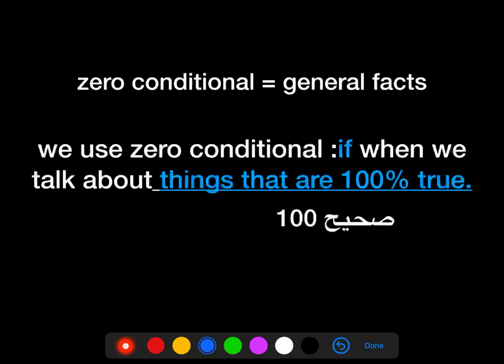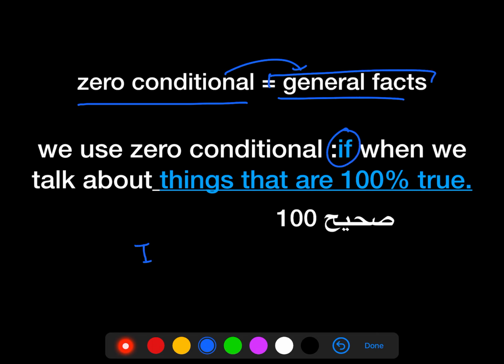Zero conditional is the easiest among conditional clauses. Zero conditional tells you about general facts. So we use if.